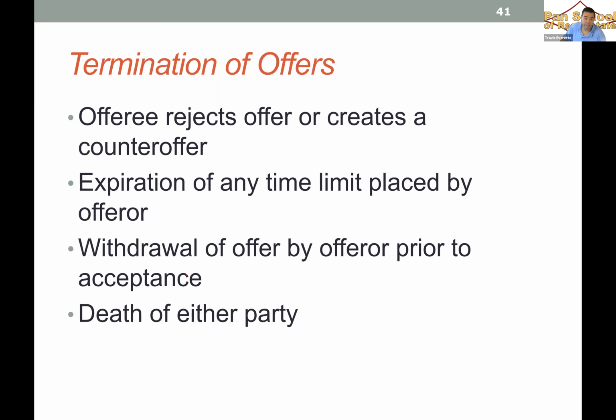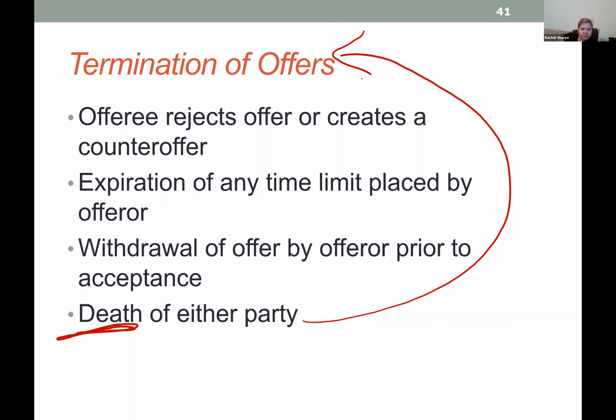As far as how offers are terminated, there are lots of ways that an offer can be terminated. They can be rejected. A counteroffer would terminate an offer. If they place a time limit on them and we pass that time limit, that would terminate them. Death of either party would terminate an offer, but death would not terminate a contract.